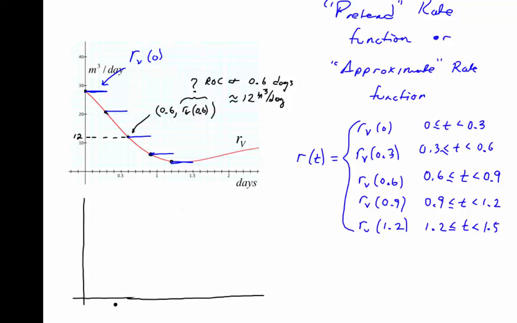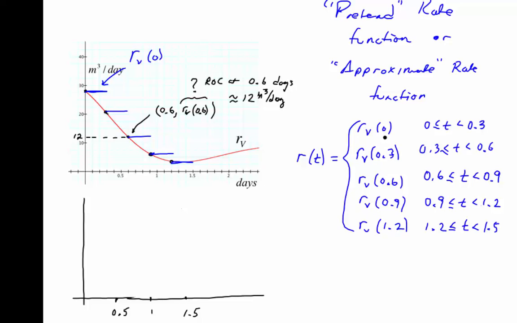Okay, so we're going to line things up here. There's 0.5, one, 1.5. Okay, so what are we talking about here? What do we estimate that rate to be at 0?